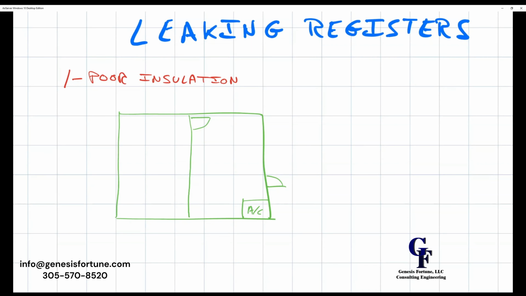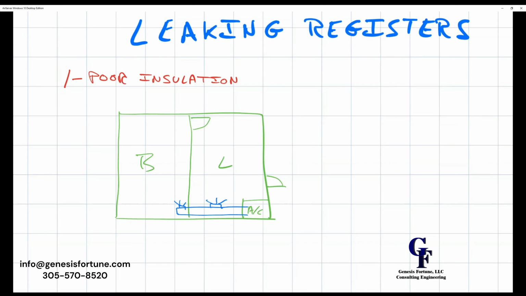So this is a bedroom, and this is the living room, whatever. Then you have ducts coming from here into here, and there is a register here supplying the living room, and there is another register here supplying the bedroom.